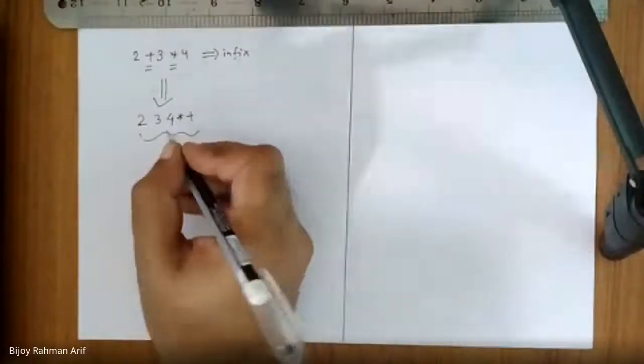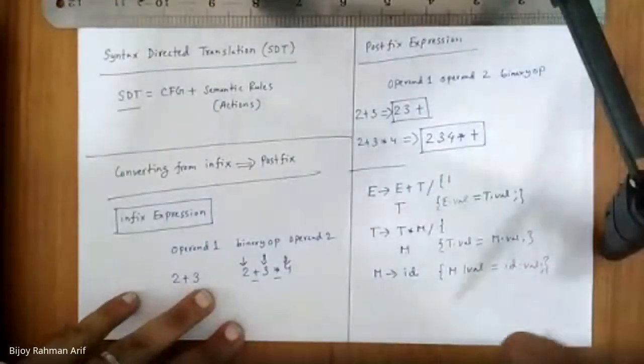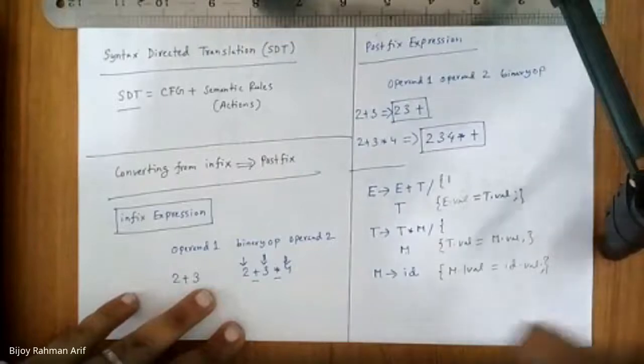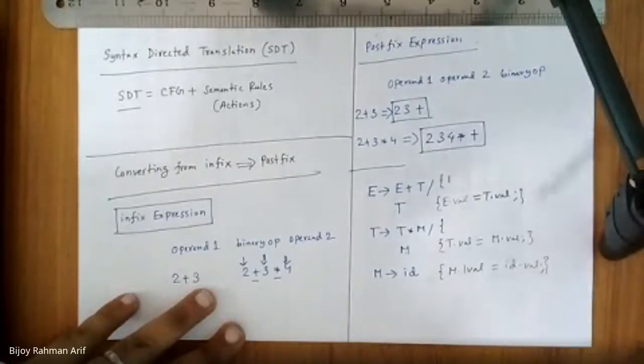So this is the algorithm. Now, star in this grammar is already in a deeper position than plus. So definitely that is going to be printed first. So what are we going to do?